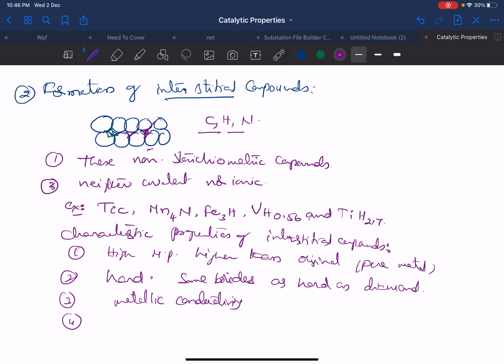And fourth, they are chemically inert. So these are the main important characteristic properties of the interstitial compounds.